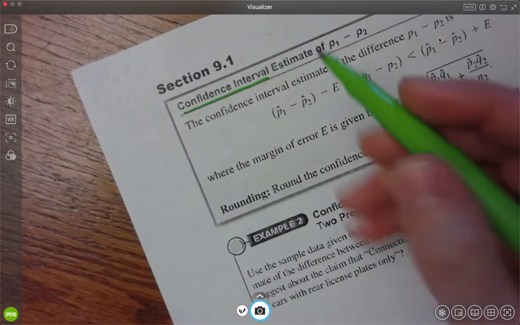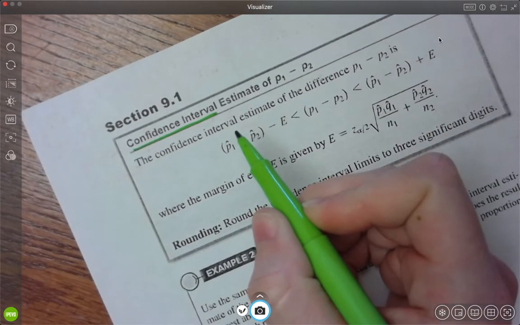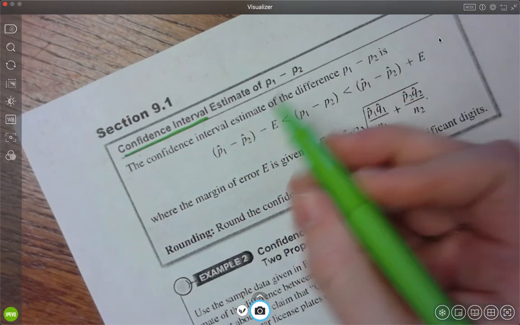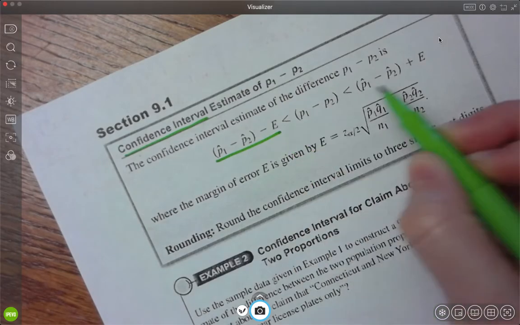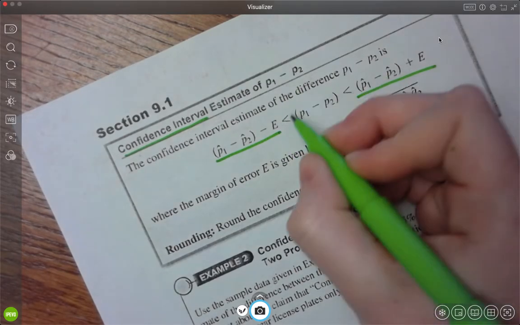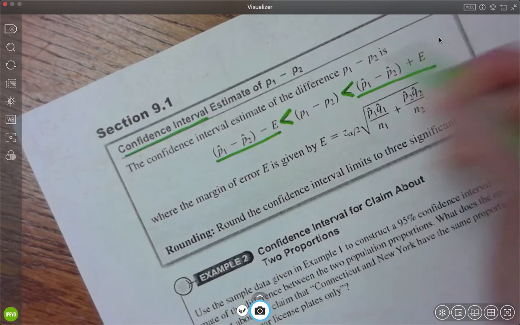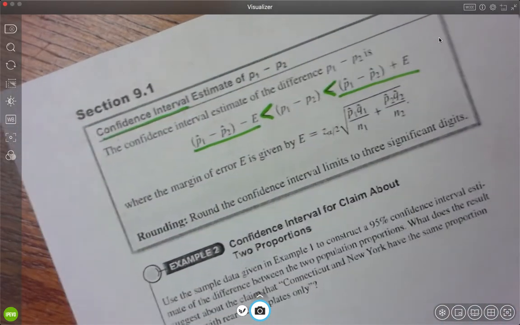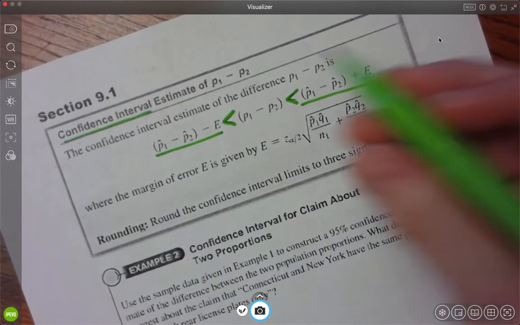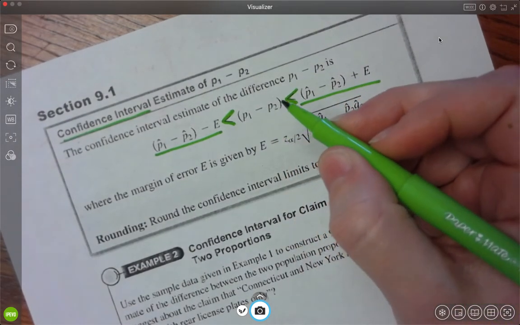So what we're doing is we're trying to create our confidence interval, and it's going to involve comparing a piece on the left, a piece on the right, and then we write it as less than symbols, okay? And then we have P1 minus P2, which is that piece in the middle there. Usually we just had P in the middle, but now since we have two of them, there's a P1 and a P2.